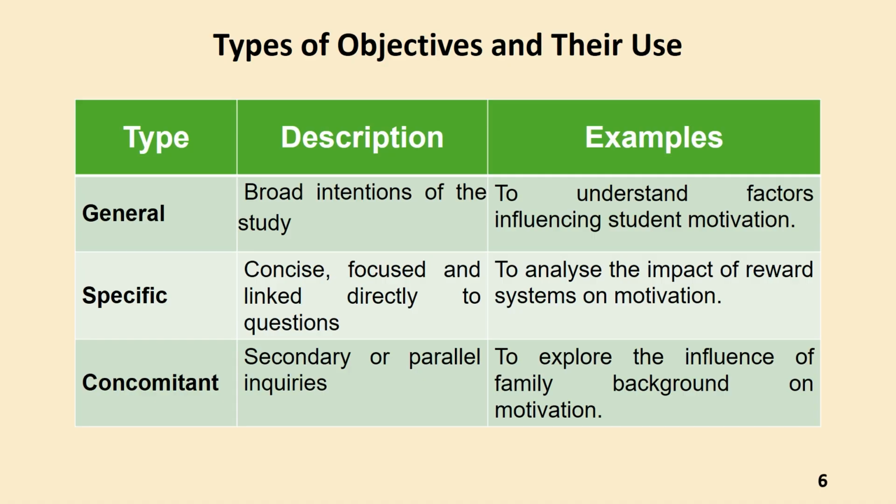But in a research, it looks vague because it's a general objective. So let us move more specific, and here the moment we move from general to specific to concomitant, keep in mind that you are becoming more pinpointed, you are becoming more accurate in terms of forming your research objective.